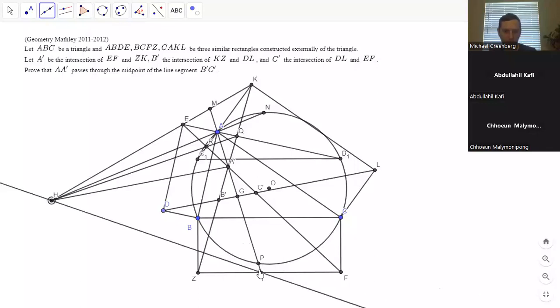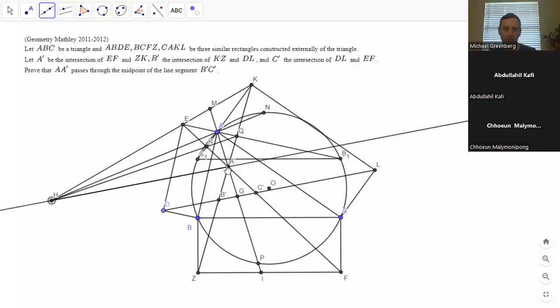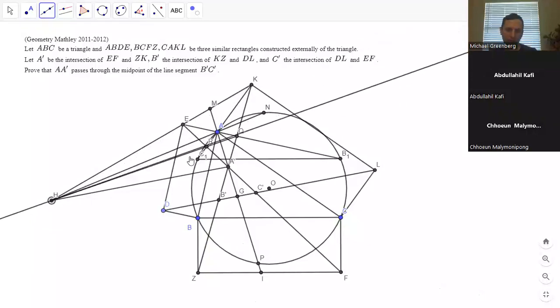Let's see. Just playing around here. I wonder if there's anything special about point H. Doesn't look like it.